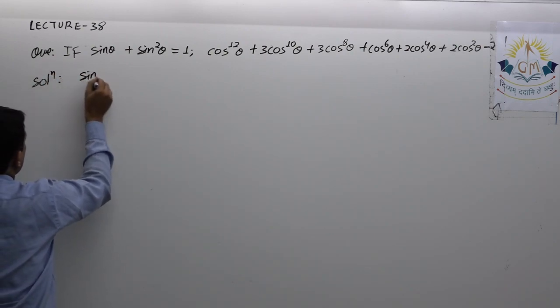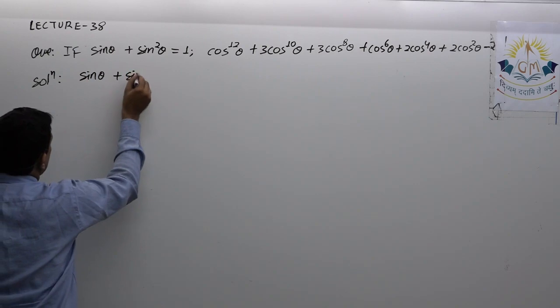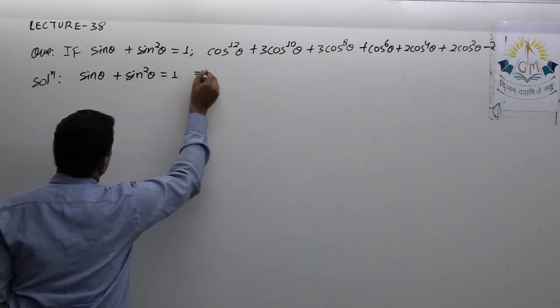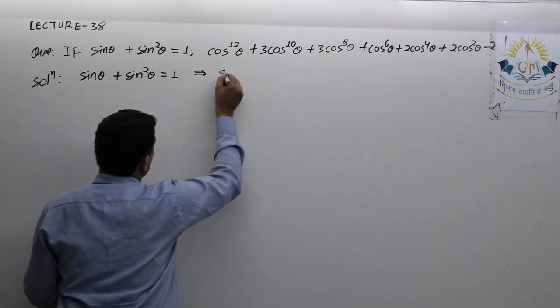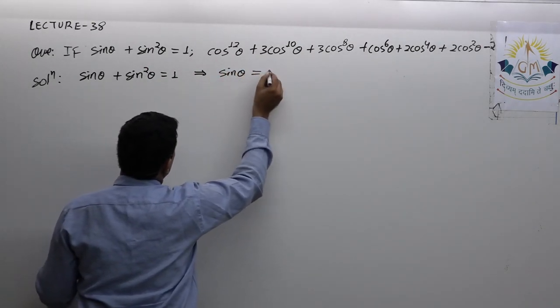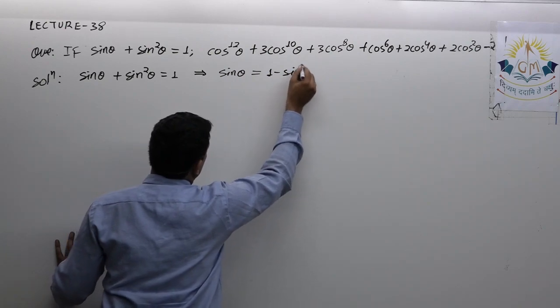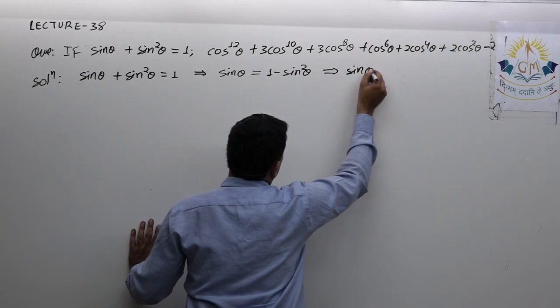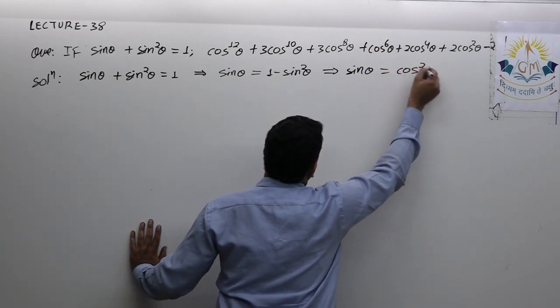Sine theta plus sine square theta is equal to 1. Therefore, I can write sine theta is equal to 1 minus sine square theta. Hence, I can write sine theta is equal to cos square theta.